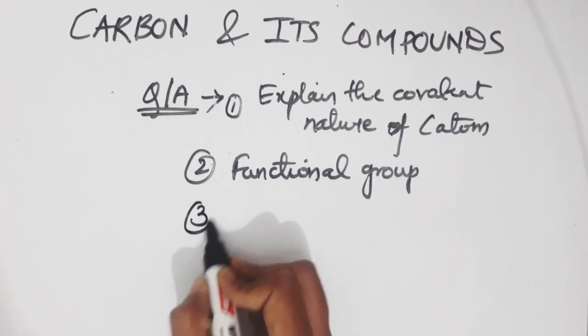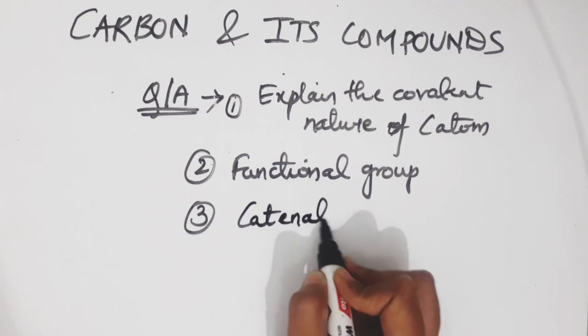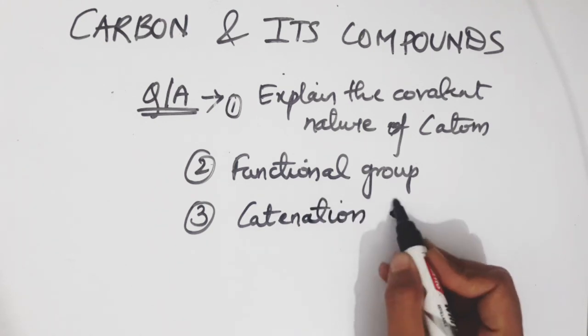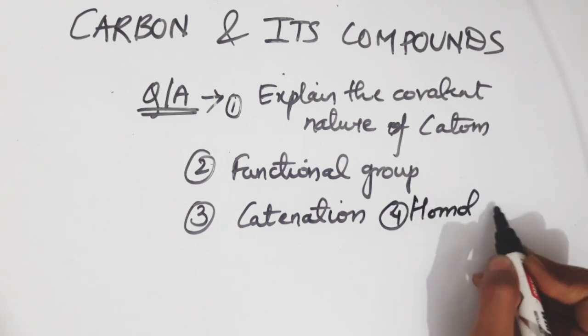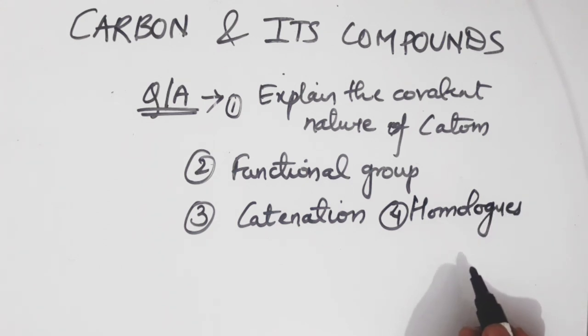The third definition that can be asked from this chapter can be the definition of catenation. So, catenation is the property of self-linking of carbon atoms together. The fourth definition that can be asked through this topic is the homologous series. So, homologous series is a series in which the successive members differ by a CH2 group, or you can say a molecular mass equal to 14 u.